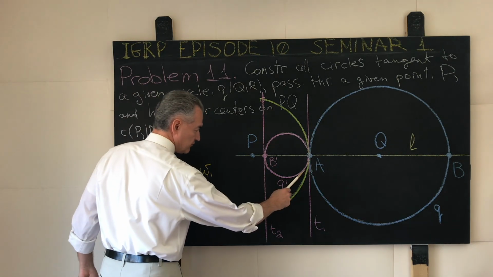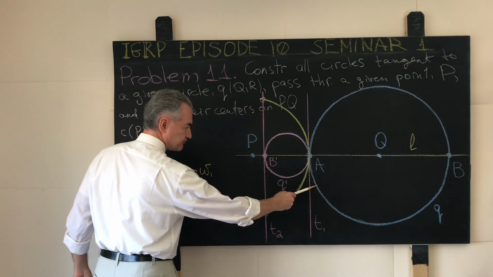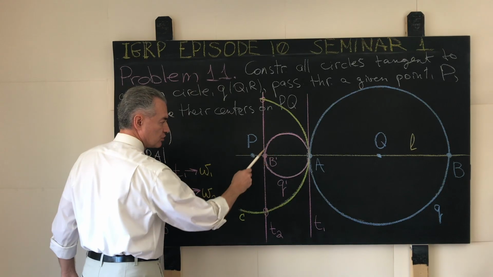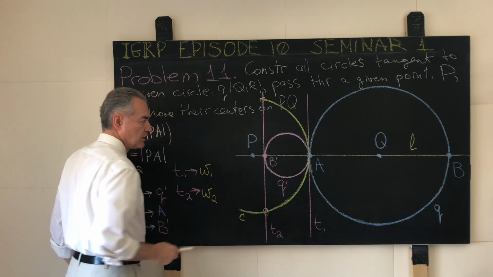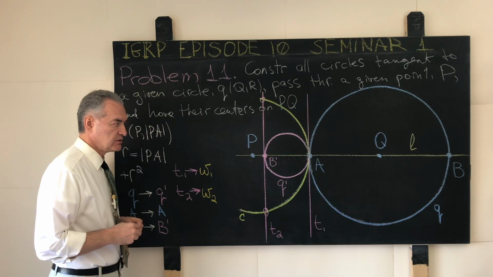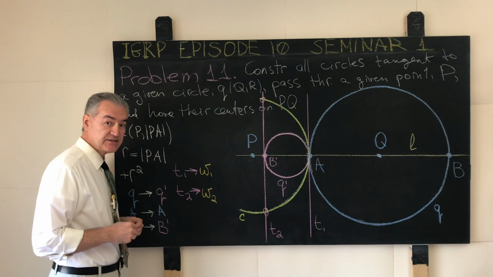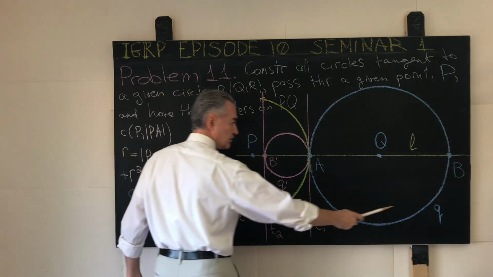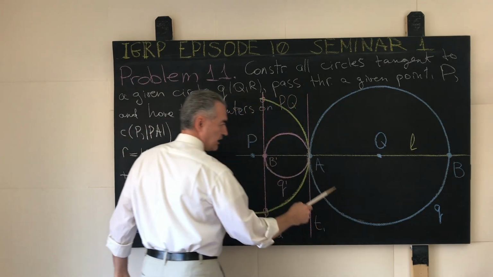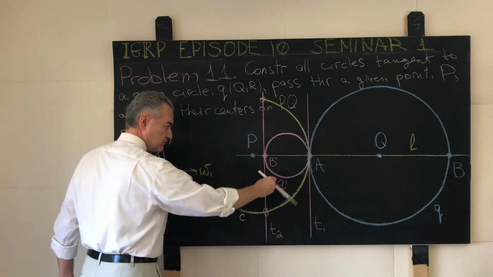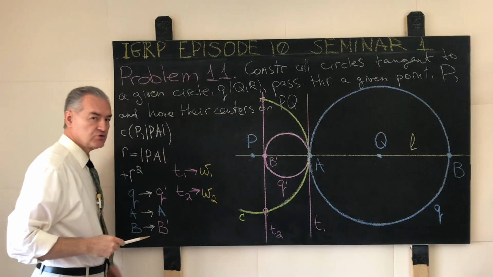Given the image of the blue circle Q, the pink circle Q prime, we are tasked with constructing all possible tangents to that circle that pass through which points? Through the point B prime, which is the image of the point B, and through the point A, which is its own image under the chosen inversion with positive power.